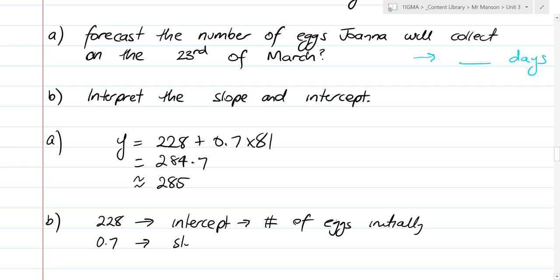So with these questions, I would anticipate that most of you will find it really, really easy to do the linear function stuff, substitute in and build an answer, but make sure that you can interpret as well. Interpret will come up almost certainly somewhere in one of your exams, so make sure that you can do it. Any questions?